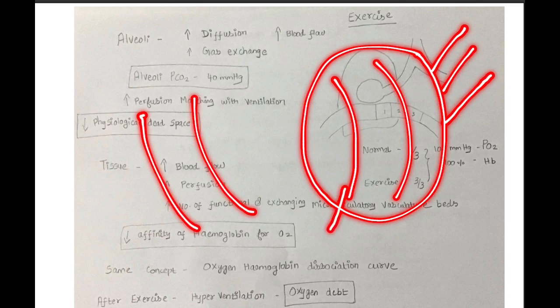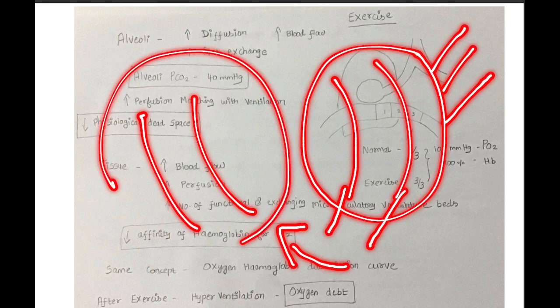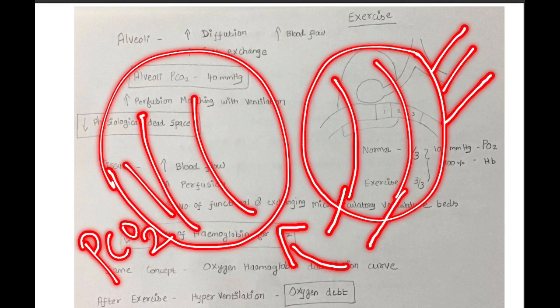But when the arterial blood enters the tissue, there will be more production of carbon dioxide from tissue cell metabolism. So in the venous blood, as I have discussed earlier, the partial pressure of carbon dioxide can increase depending upon the type of your physical exercise.